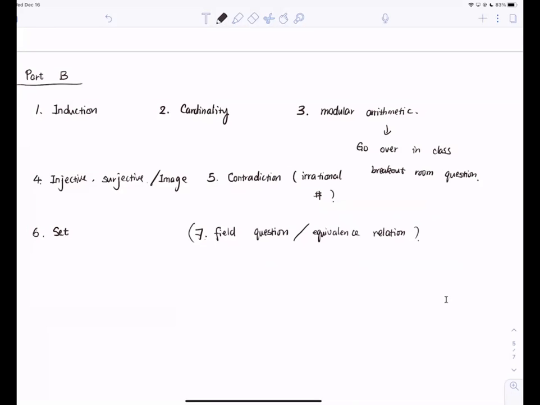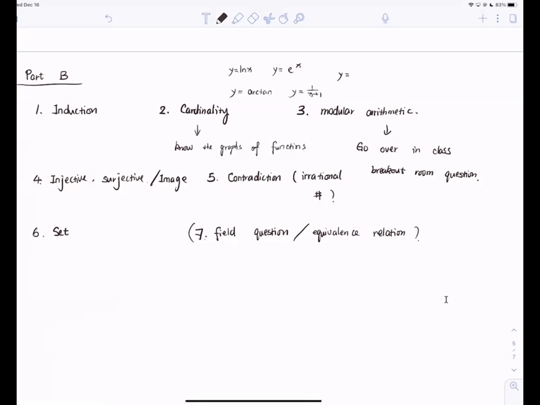The first 4 are very likely to be there, so practice a lot. For this one, know the graphs of functions, they are really important. So for example, ln x, e to the power of x, arctan, 1 over x plus 1.